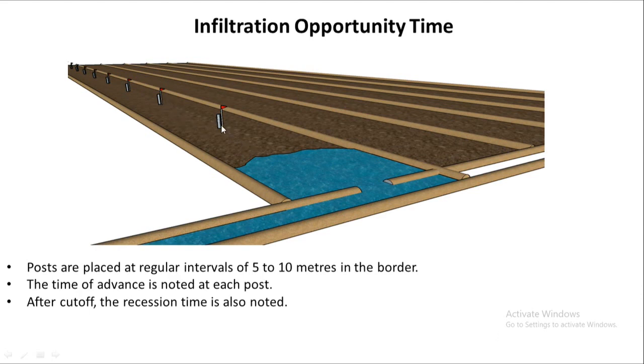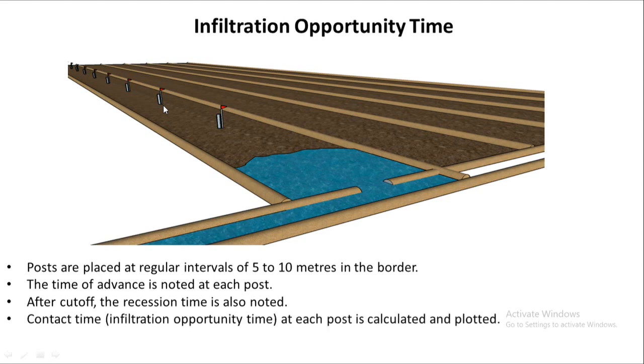For example, at this post the advance time is 5 minutes. Water reaches this point at 5 minutes, and it reaches post 2 after, let's say, 20 minutes. Then you also have to note the recession time, and then contact time or the infiltration opportunity time can be calculated. It is equal to recession time minus advance time.